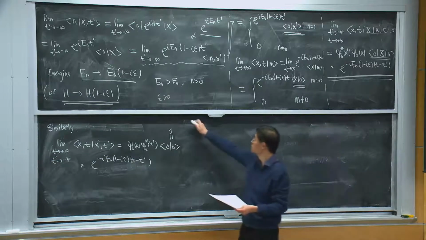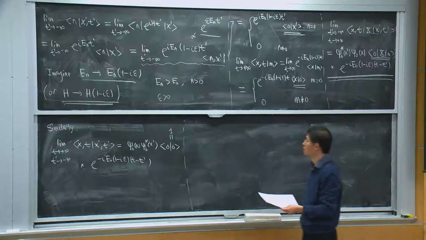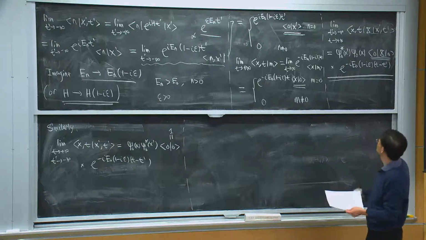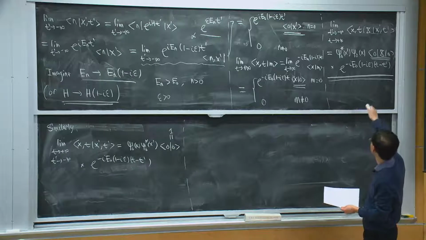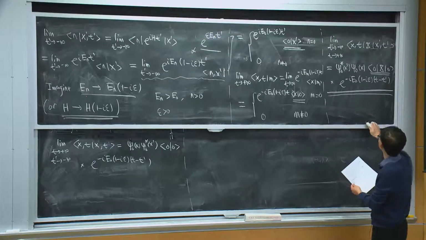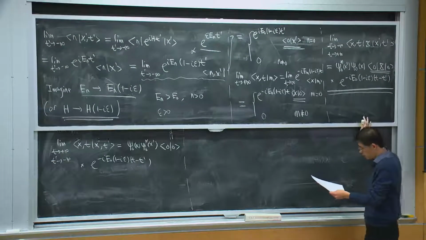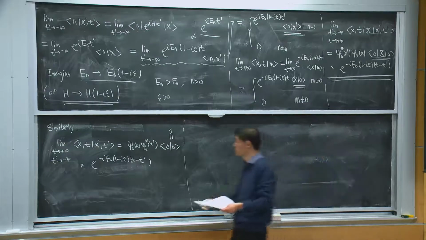So now we can just find Gn. Okay, so this object is Gn. Gn can then be defined as the ratio between the two.